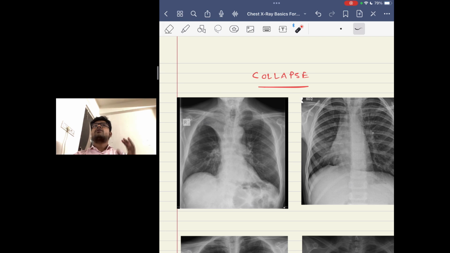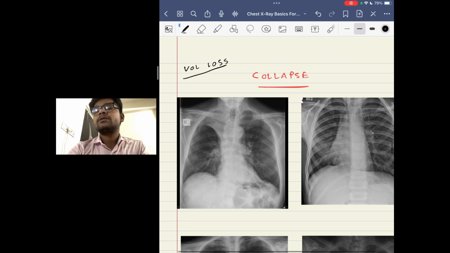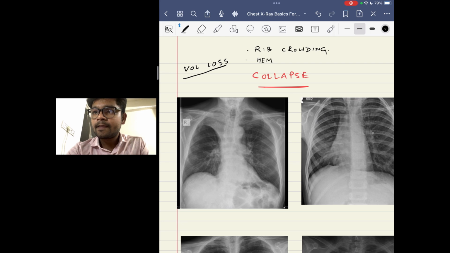So how do I say that these are collapse? The important technical term to tell whenever you are thinking of collapse is volume loss. So what are the features of volume loss? There is rib crowding, if you can see it on one side. Then see the hemidiaphragm position: the hemidiaphragm will be lifted upward, towards the side of the collapse.